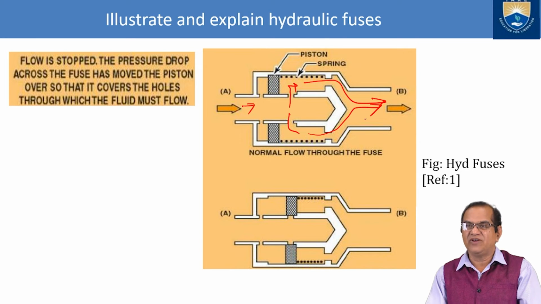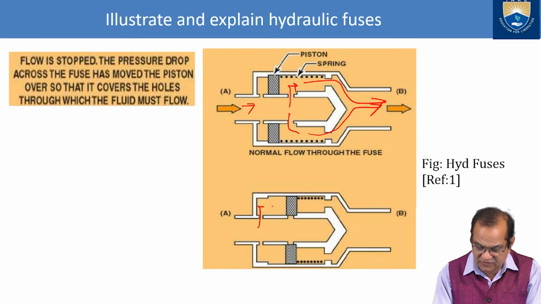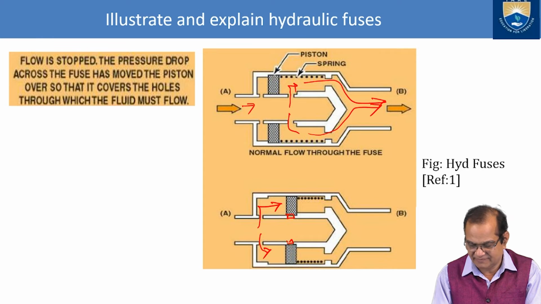But as and when the pressure is more, there is a spring, and it will compress and block this passage. So there is no passage of fluid, and the system is safe.